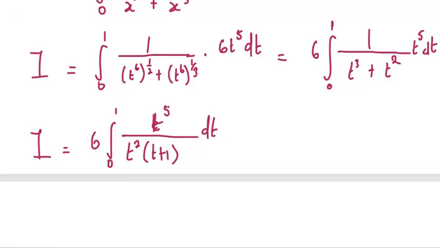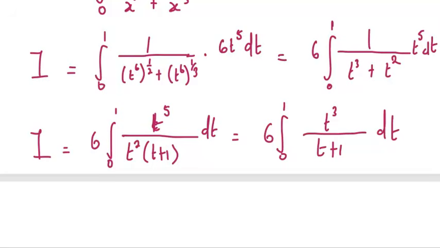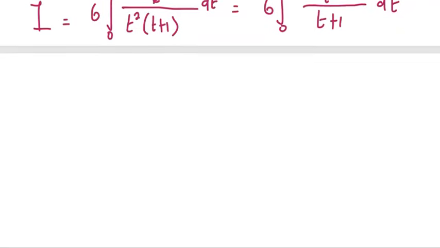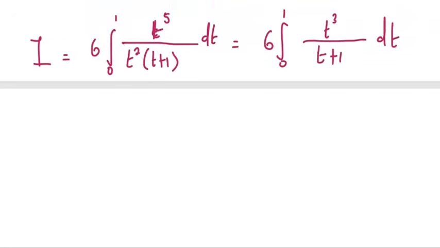With the nice cancellation, we get 6 multiplied by the integral from 0 to 1 of t raised to the power of 3 divided by t plus 1 dt. Now let's see how we're going to evaluate this integral from here.